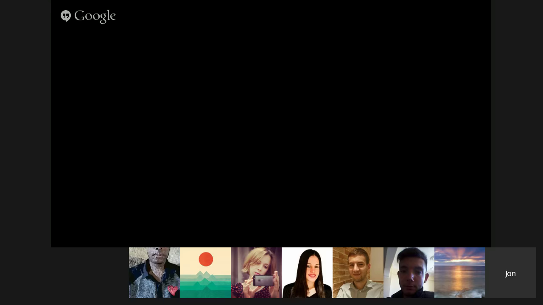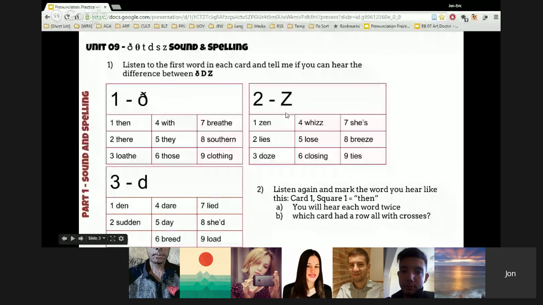Let's try another one. Kadir, try card 1, square 7 for us. Breathe. Good. Card 1, square 8. Southern.